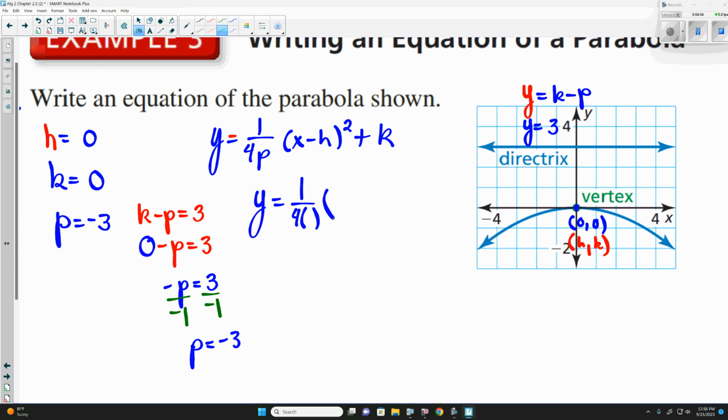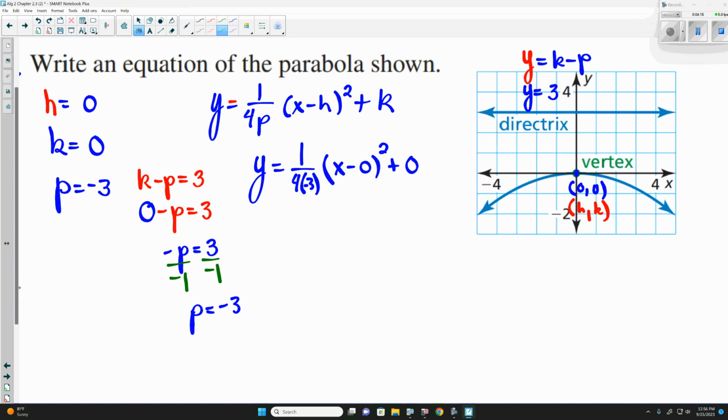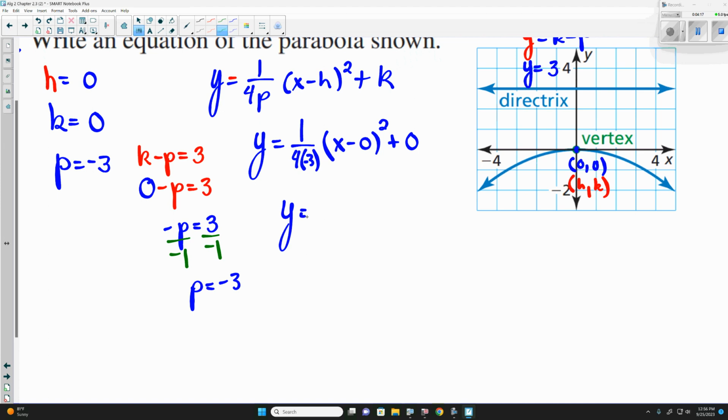Now we need to plug in the values of h, k, and p. So we'll get 1 over 4 times negative 3, times (x minus our h value, which is 0) squared, plus our k value. The first thing we need to simplify is our 1 over 4 times negative 3.